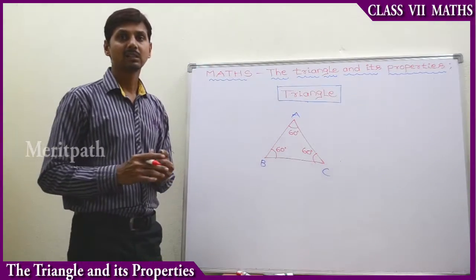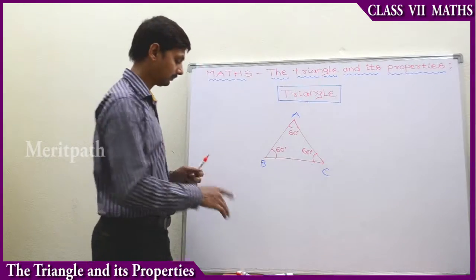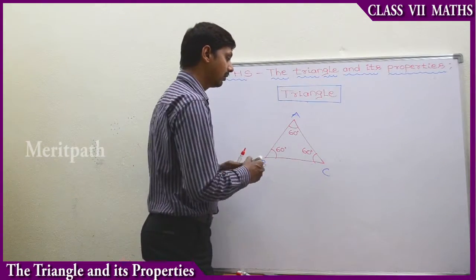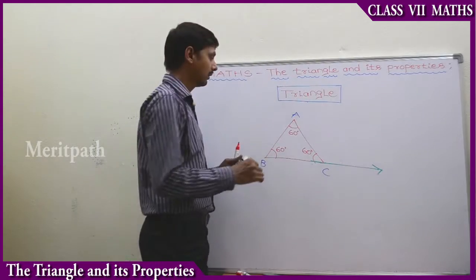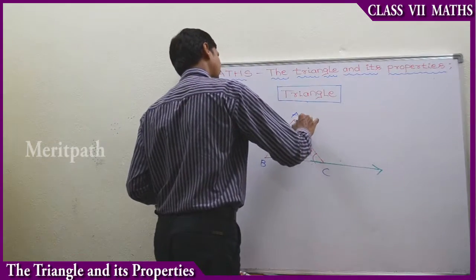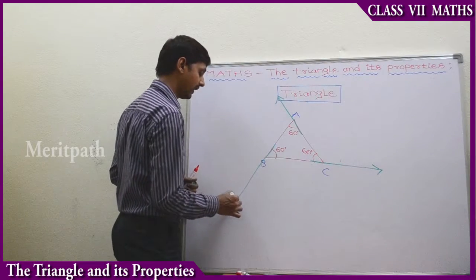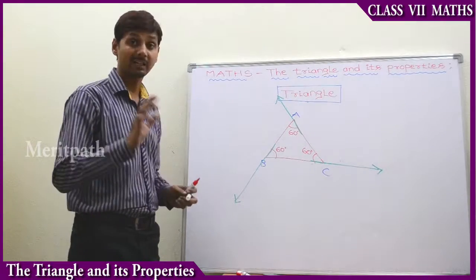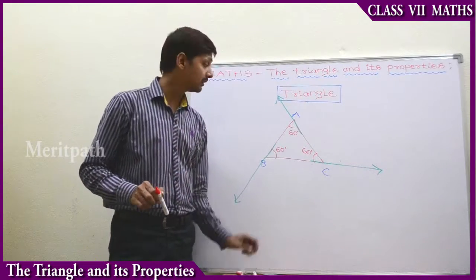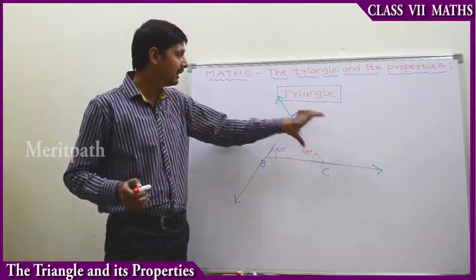So let's take all the three sides and extend them. Let us produce these sides. Let us extend AC, and AB also we have extended. So we have taken triangle ABC and produced all the three sides of the triangle, that is BC, AC and AB.